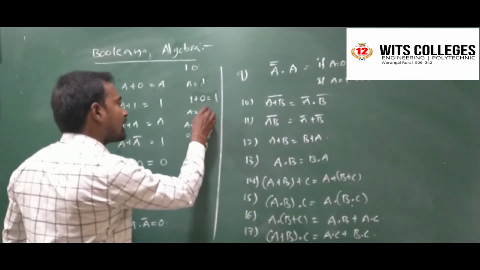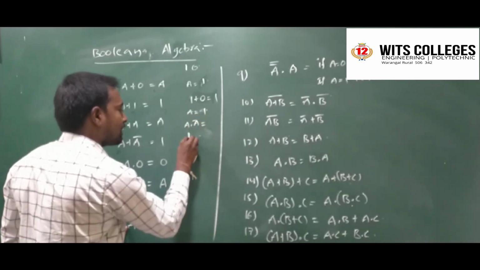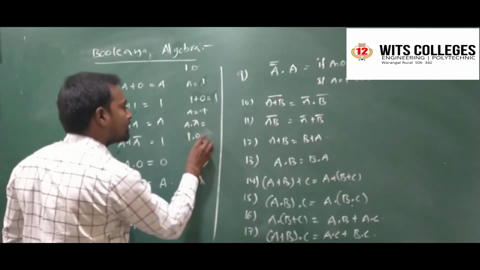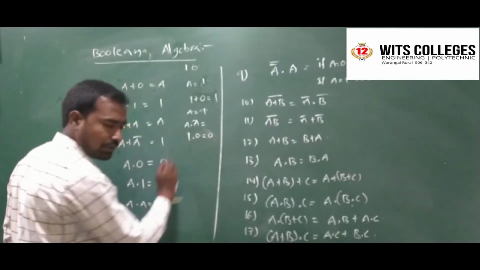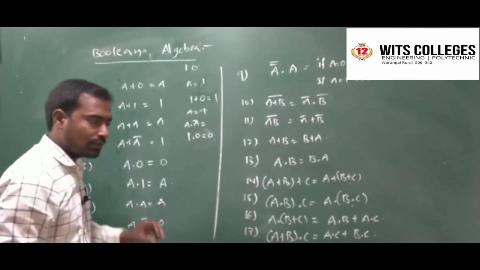If I take A equal to 1, then A into A bar is 1 into the complement of 1, that is 0, so we get 1 into 0 equal to 0. So A into A bar is equal to 0.